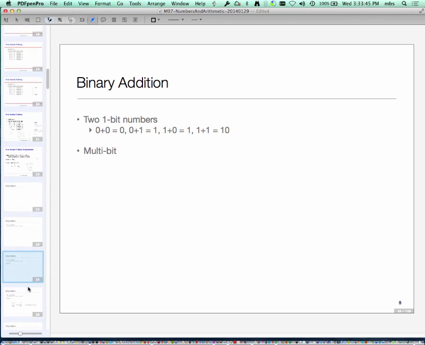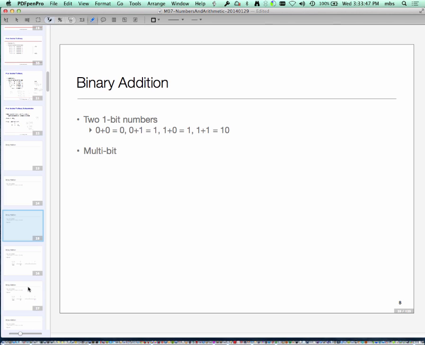Now let's say multi-bit. Now I'm giving you two n-bit numbers and you have to add them. Much like regular arithmetic, we start with the unit place and keep doing carry. That's the same thing we want to do here. So let's say these are our numbers. I have two inputs, 6 and 3. 6 is 110 and 3 is 011.